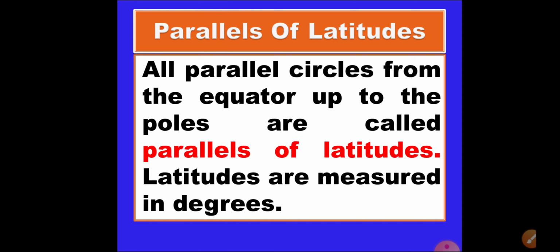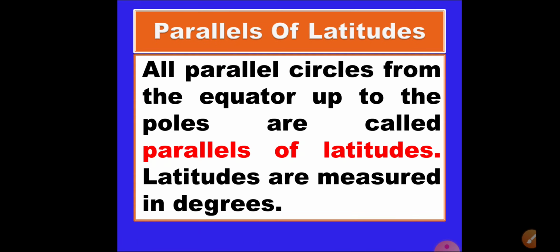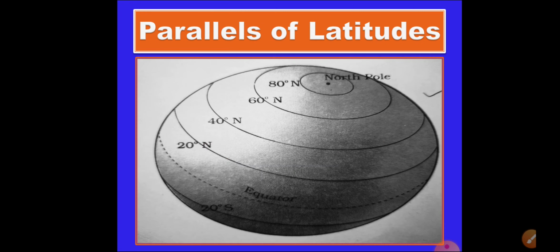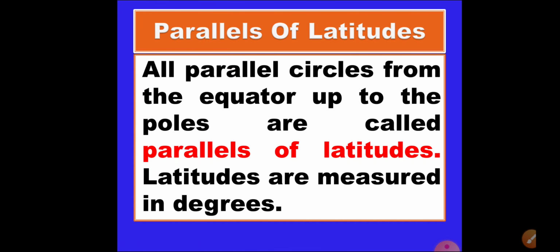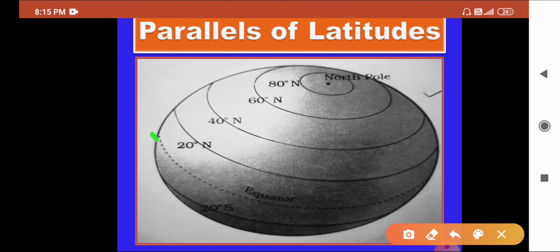In this picture you can see that the center line which divides the earth into two parts is the equator. Here I'm showing again. This dotted line is called the equator.